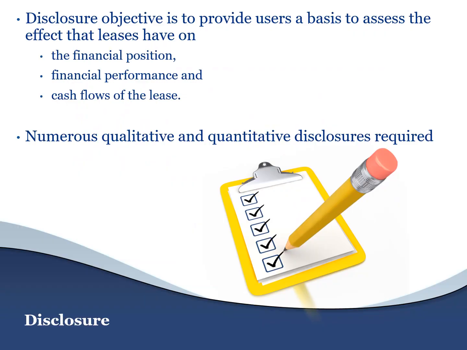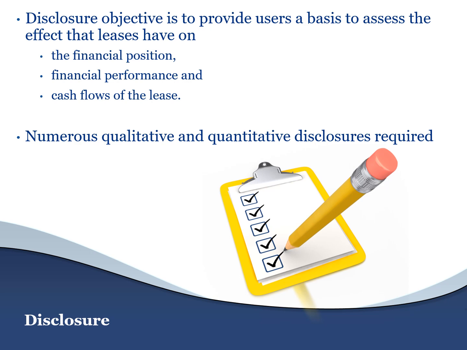Other than that, there is obviously a whole lot of disclosures that the IASB wants. And remember, the objective is the same as it almost is in any IFRS standard. They'd like you to provide enough information so anybody using your accounts can effectively assess the impact of leases on your financial position, your performance, and the cash flows of your business. They are not only just qualitative, but also quantitative disclosures you're required to give.